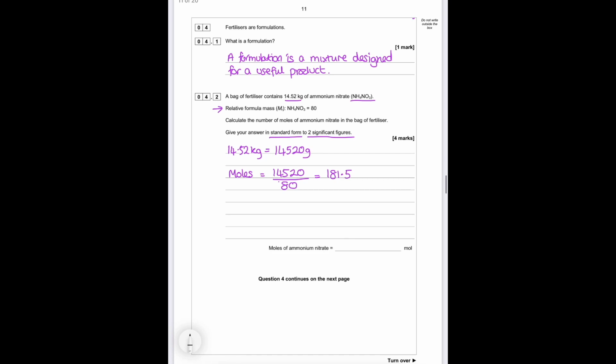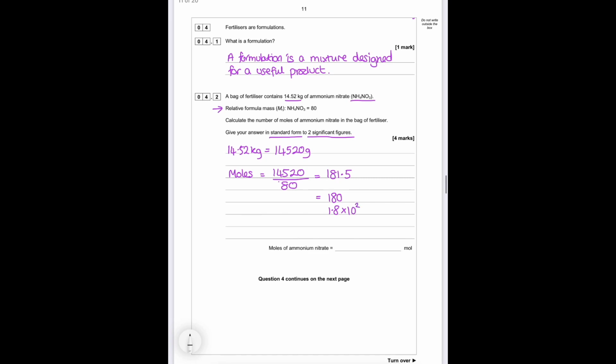However, the two things we were told is, first of all, we need to give our answer to two significant figures. So giving this answer to two significant figures would be 180. But then we need to put it into standard form. So putting this into standard form would be 1.8 times 10 to the power of 2.